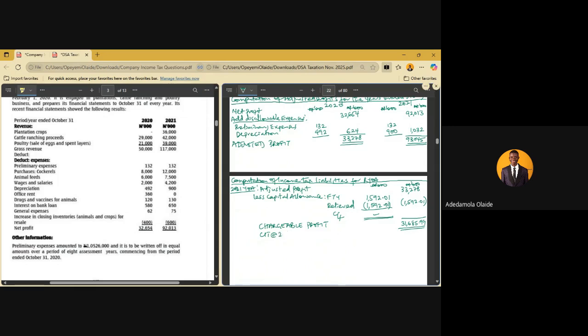That means the CIT will be at 20%. And what's the 20%? 20% of this figure of 31,685.99.